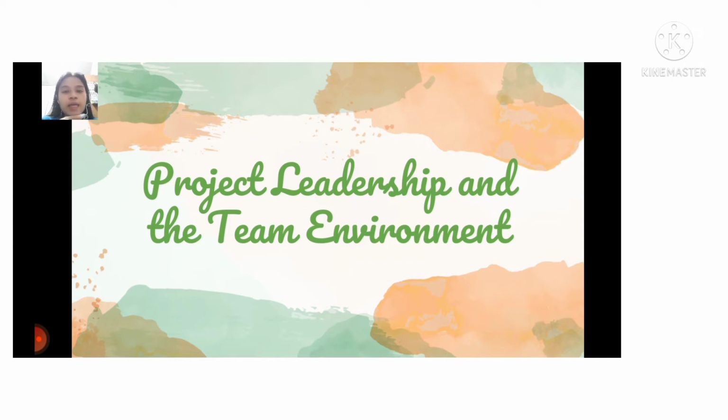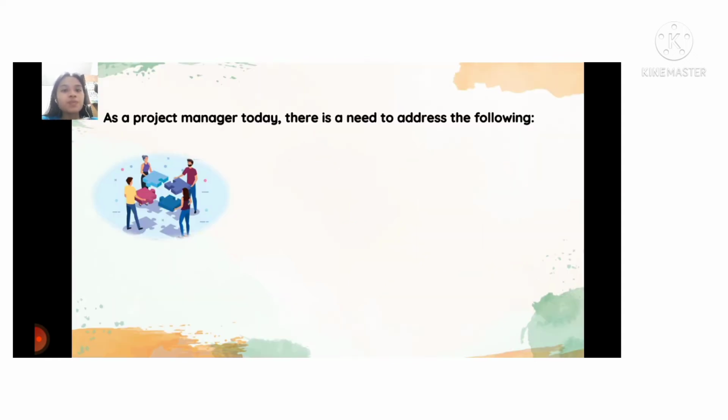By understanding the difference between project management and leadership and taking the path to become effective leaders, successful project managers can utilize their innovative and creative skills to help them develop leadership skills that will complement their project management abilities. As a project manager today, there is a need to address the following.